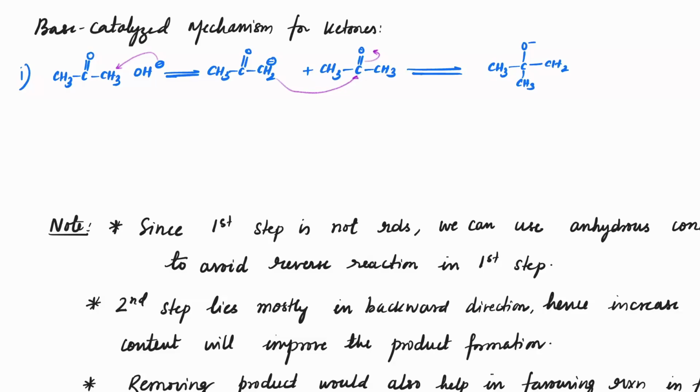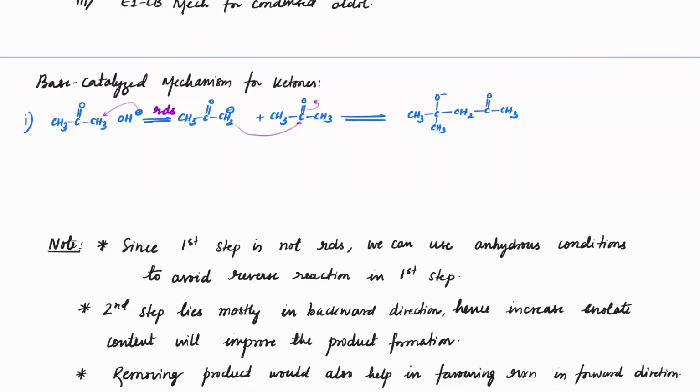Sorry. So next, this CH2 will be connected with C double bond O CH3, correct? So this is after the addition which you will get, correct? Okay. So normally in this case, when it comes to the ketones, the first step and the second step both compete as the rate determining step.